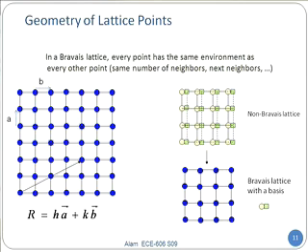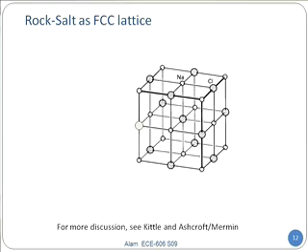Now the point of introducing this was to come to this point actually. So one is this rock salt lattice structure, and this occurs in a face-centered cubic lattice. Do you see why? First of all, this is not a type of lattice we have seen before. Here we have sodium and chlorine.